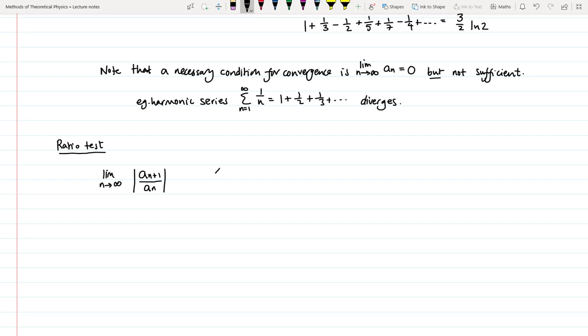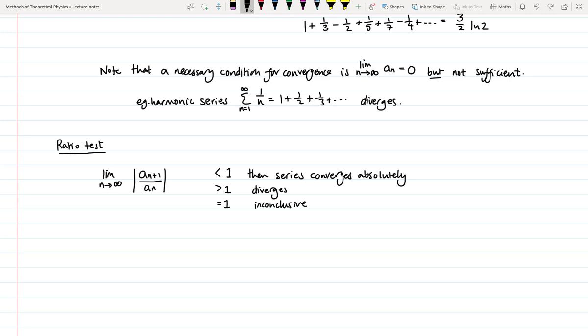If the limit is less than 1, then the series converges absolutely. If the limit is greater than 1, then the series diverges. And if the limit equals 1, then the test is inconclusive, and you need another test.